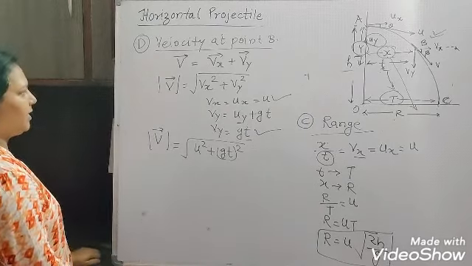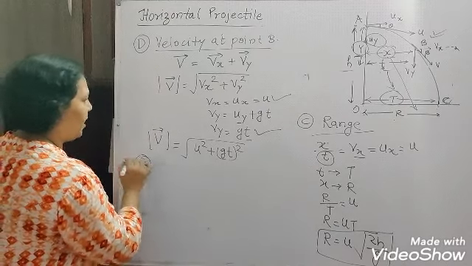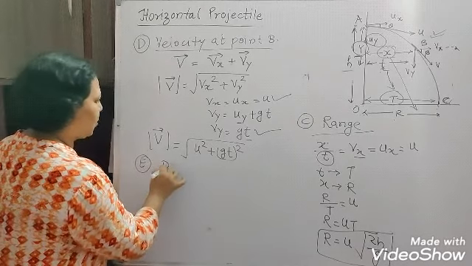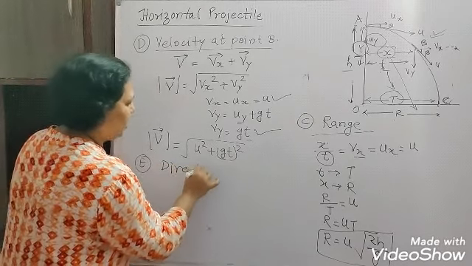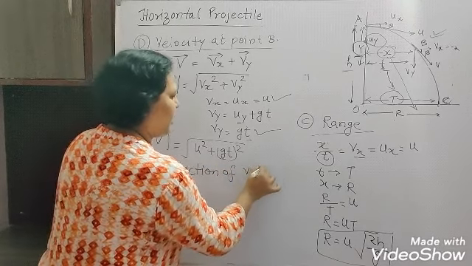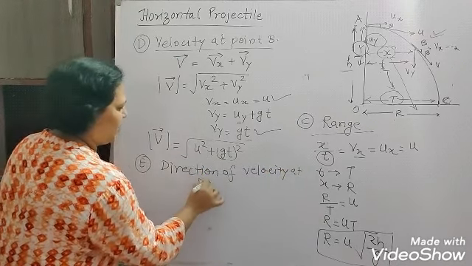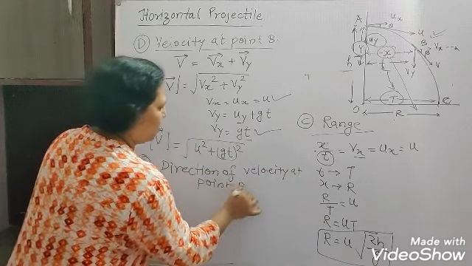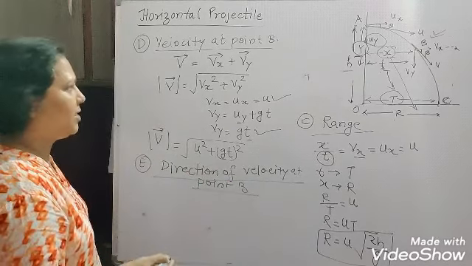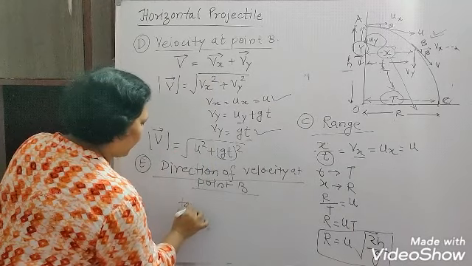Now you will see that if we just talk about the direction, in which direction this velocity vector will work, so we'll see the direction of velocity at point B, or any point we can calculate, we are just generalizing the formula here. So angle beta is there, that we will write as tan beta.